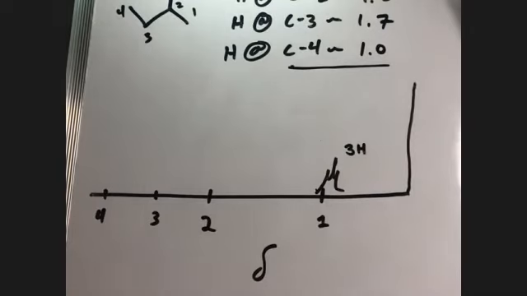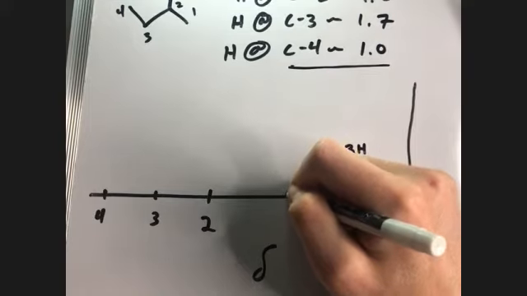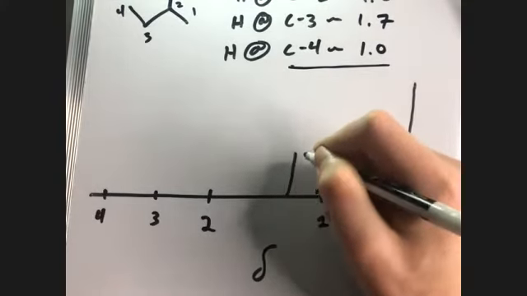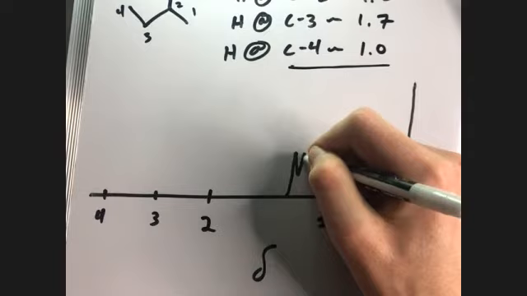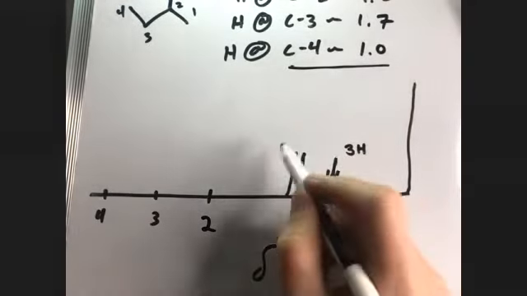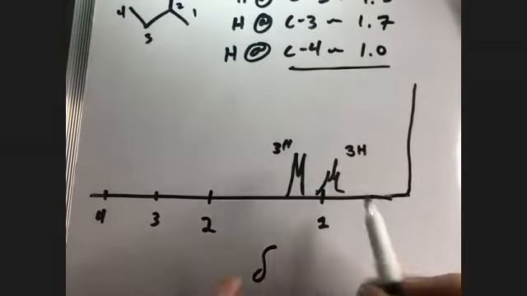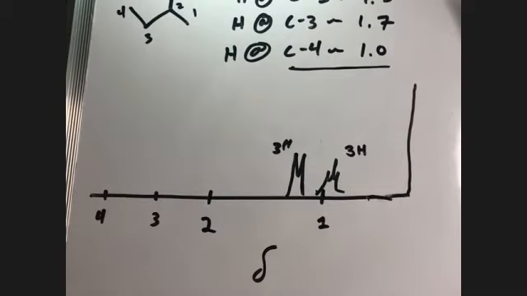Then next would be carbon 1, and this is going to be a 3 hydrogen doublet, which is around 1.3, so slightly higher. And it's 3 hydrogens, so you would expect the top of the peak to be about the same for these two. Again, my illustration isn't perfect, but these should be equally tall because of the integration factor.